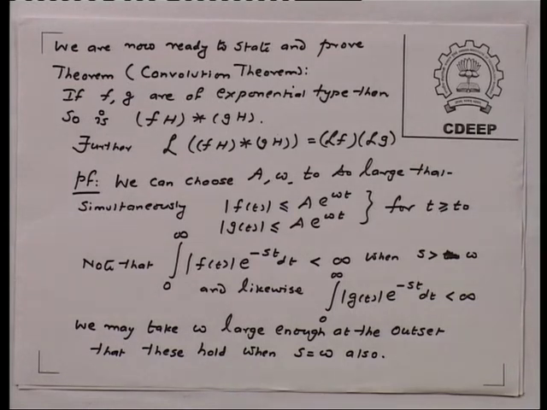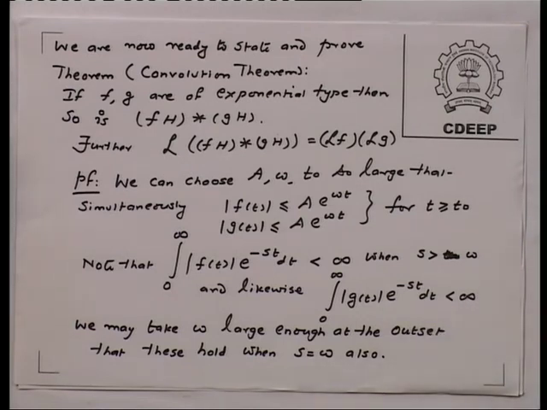Another thing you have to remember is that because f and g are of exponential type, the Laplace transforms of mod f and mod g exist for s bigger than omega. The moment s is bigger than omega, these two integrals exist, and we have seen this right at the beginning. The Laplace transform makes sense on the ray omega to infinity.